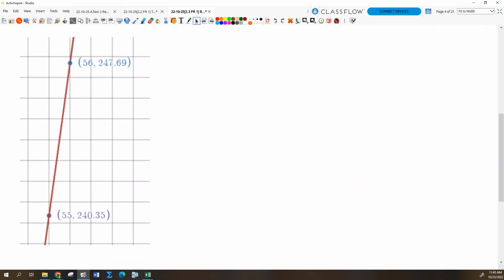Okay, so if I made a slope triangle out of this, what am I going to get? And this is the slope of the tangent line, right? So the rise, and remember our units are feet per miles per hour, right?